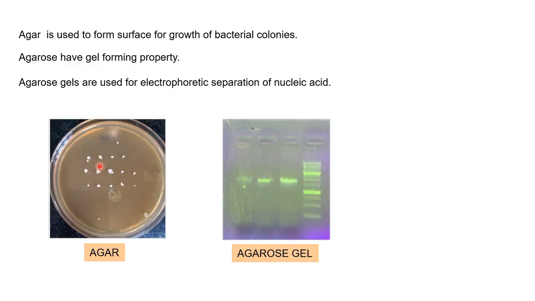When agaropectin is removed from agar, we obtain agarose, and this agarose has a gel forming property. In labs, agarose gel is used to separate DNA and RNA through electrophoresis. So this is the agarose gel, and this is DNA separated on the agarose gel. So this was the use of agarose and agar in the laboratory.